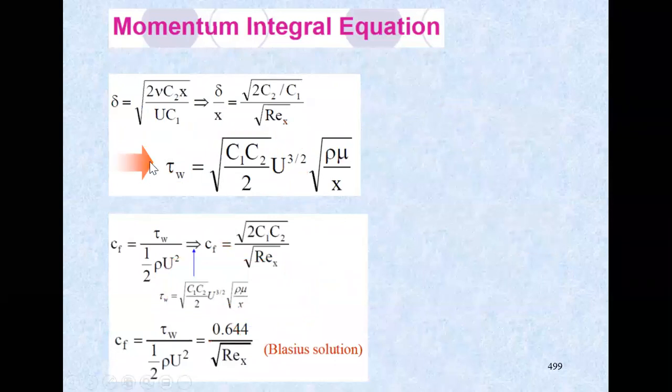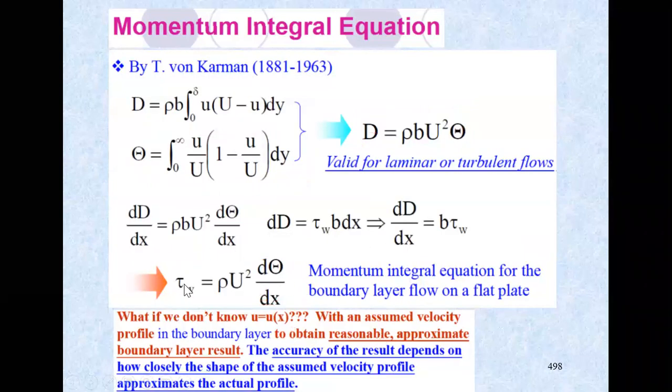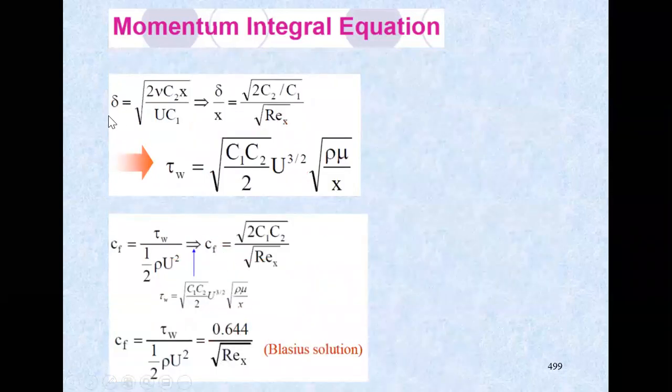So if you already have this Tw equal to rho u squared d theta dx, then try to solve for the boundary layer thickness or other parameters, you can have this solution for the Tw, where C1 and C2 depend on the flow characteristics and the fluid properties also. And we can also try to implement this using the Blasius solutions.